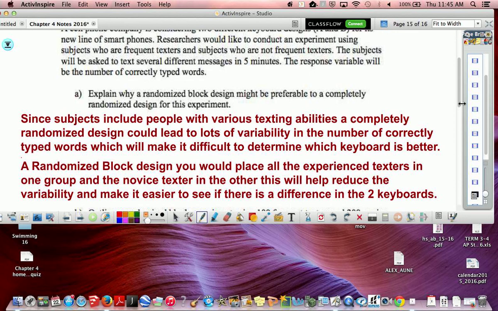Your randomized block design is going to separate the experienced texters and the novice texters. That's going to help you reduce that variability and make it easier to see if there's an actual difference in the 2 keyboards. Is keyboard A actually better for the experienced typers and the novice typers? Or is one good for the experienced versus the novice?